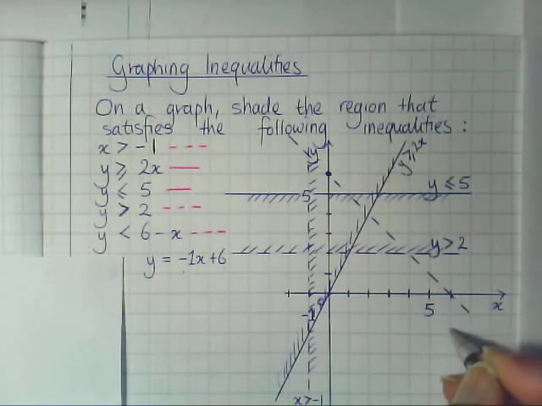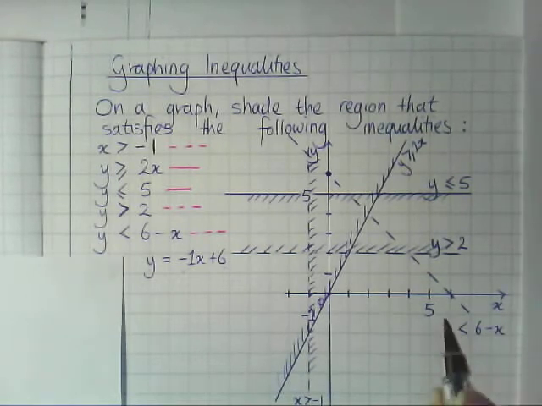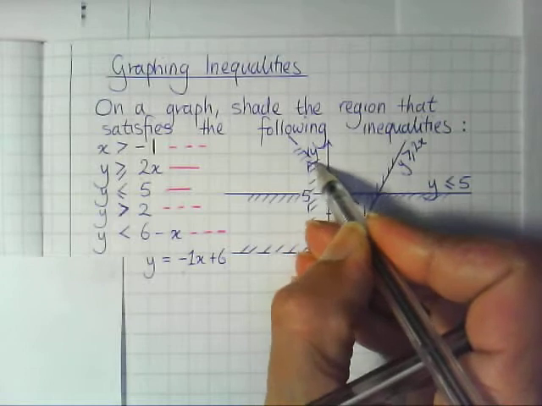And that is y is less than 6 minus x. And the less than just means everything below the line.